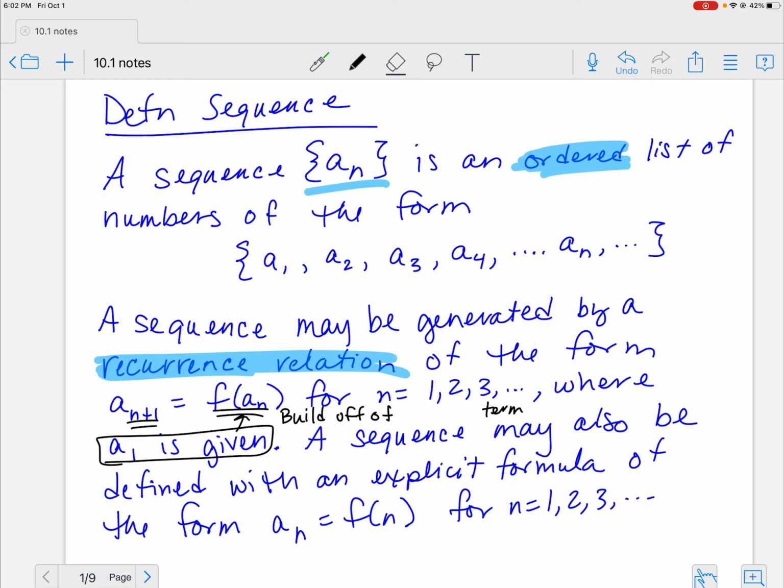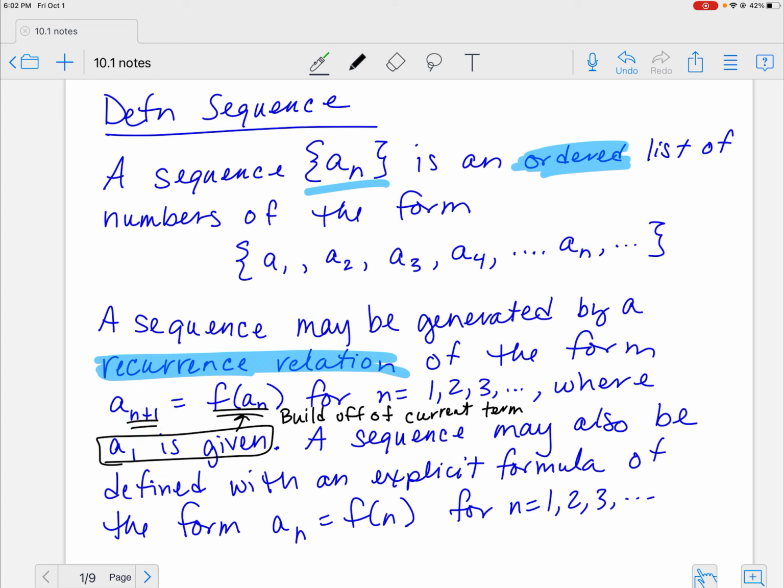Instead of saying previous, that's why we use pencils, right? Let's say current term, because it's your existing term that you have and you build to get to the next one. I think that's a better way of saying it than going backwards with the previous. So build off of the current term. Whatever is given, this a sub 1 is given, then I'm going to use that, build off of it to get to that next term. That's where this n plus 1 comes in.